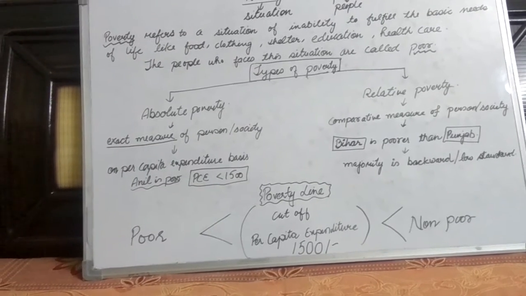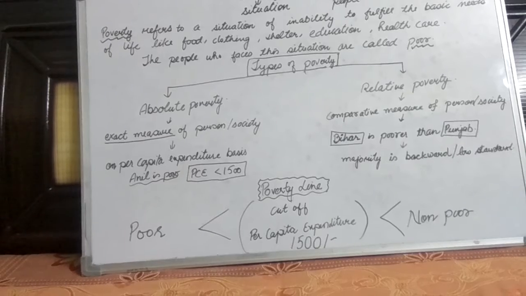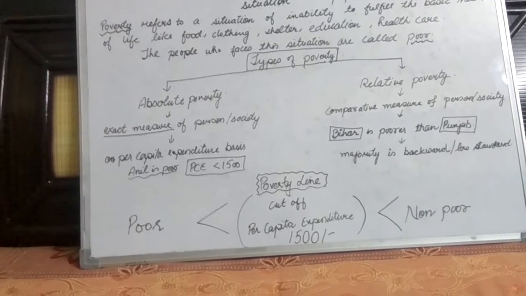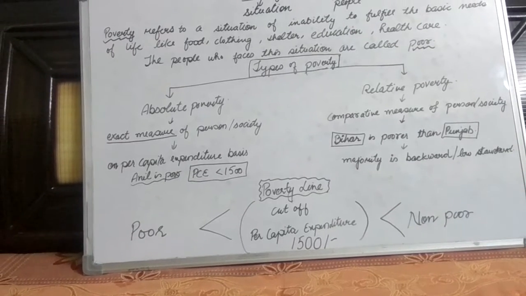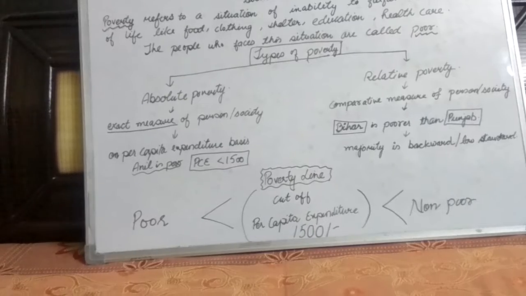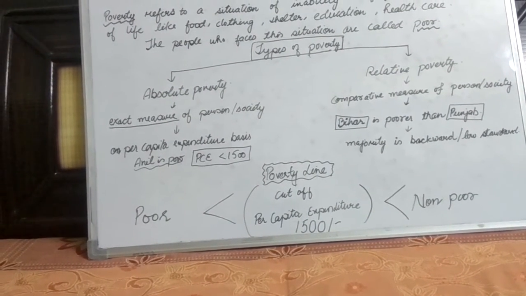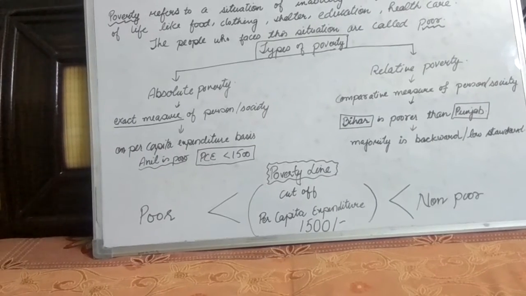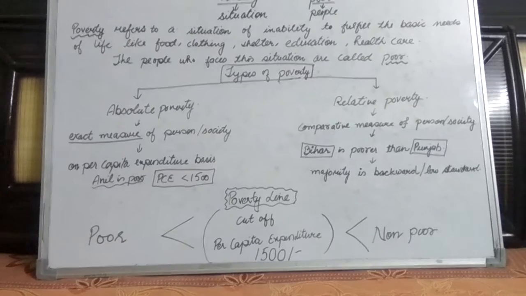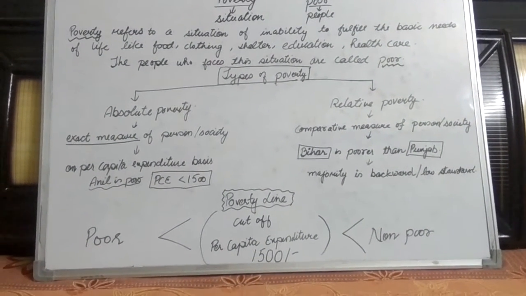If we compare the different states of India, we can say that Bihar is a poorer state than Punjab because the majority of the population is backward and the standard of living is low, and even on a per capita expenditure basis the percentage of poor people is high in Bihar. So relative poverty refers to comparative poverty, in which we compare two persons, situations, classes, countries, and societies. So here it is important to differentiate these two types of poverty, absolute and relative.